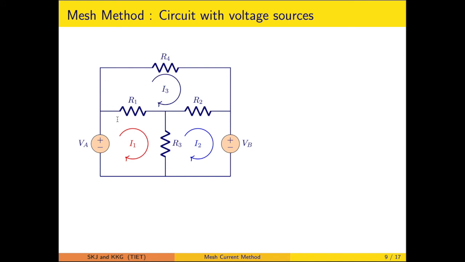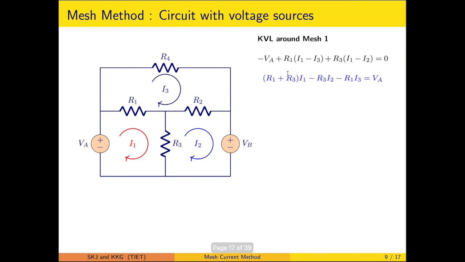This will be a voltage drop when the current is directed from left to right, so that drop will be I1 minus I3 into R1. Then there will be another drop, R3 into I1 minus I2. That gives you the KVL relationship.